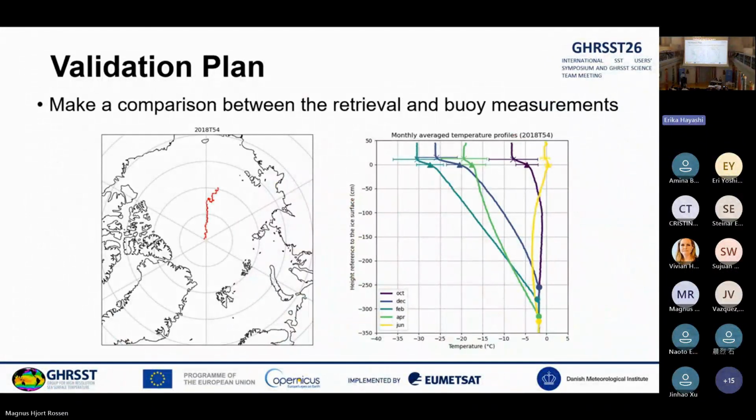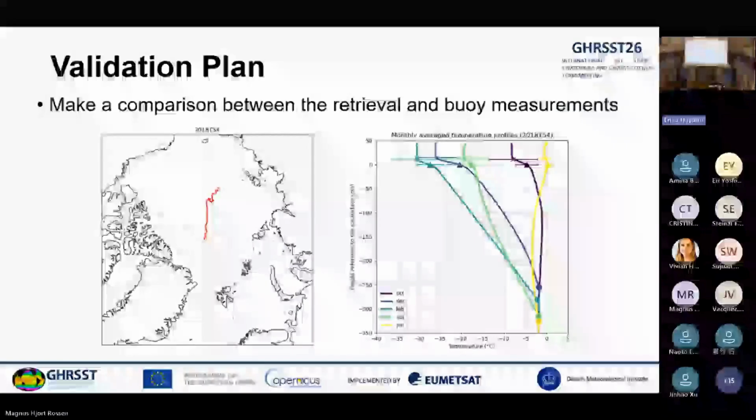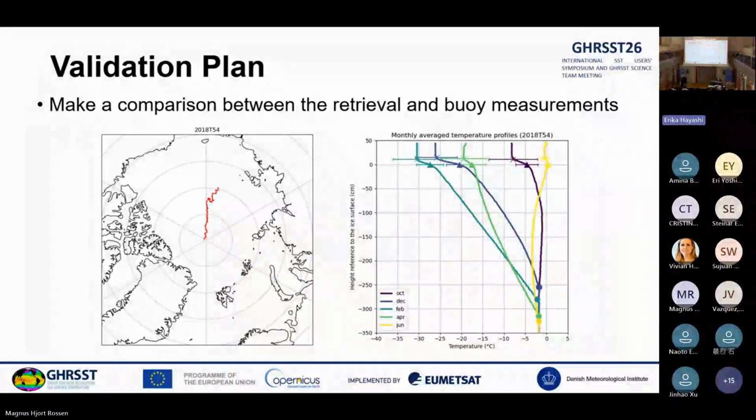It is also very important to quantify the uncertainty and the accuracy of the product, and we have a validation plan by comparing the retrieval with buoy-measured temperatures. As Jakob already showed you, there is a thermistor string observation over the Arctic, and we can extract the snow-ice interface temperature from that observation.